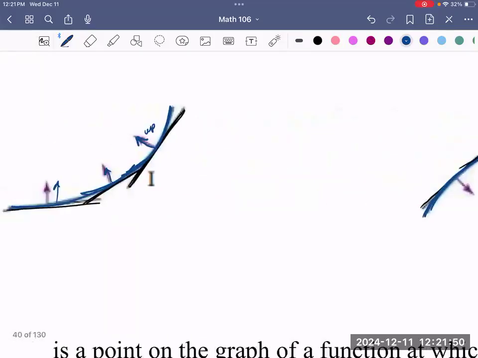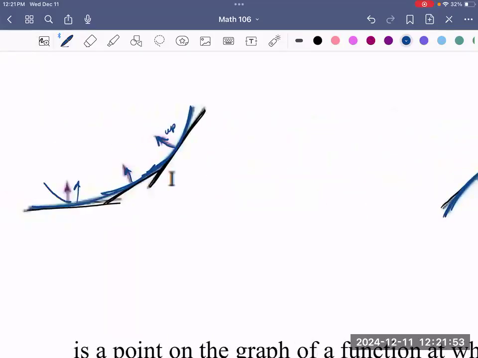Whereas the other one, if we were to draw a quicker picture, maybe in a different color, kind of bounces off that tangent line, and you see it can form the word up.